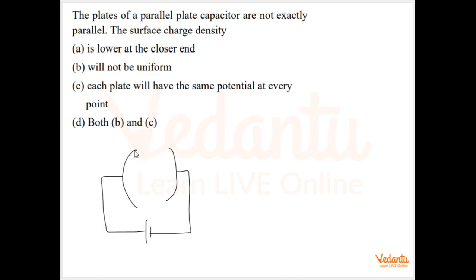At the points where the plates are close to each other, the surface charge density will be very, very high. And at other points the surface charge density will be slightly low. So surface charge density will not be uniform.